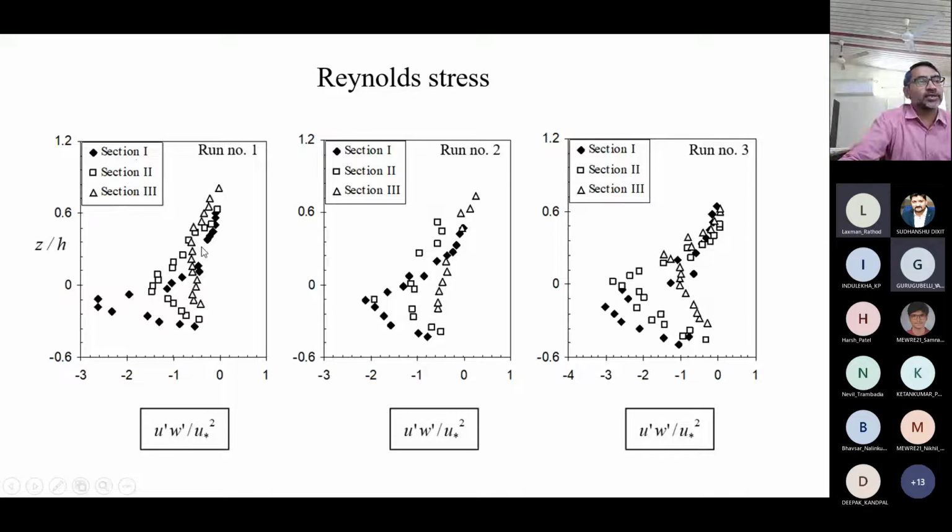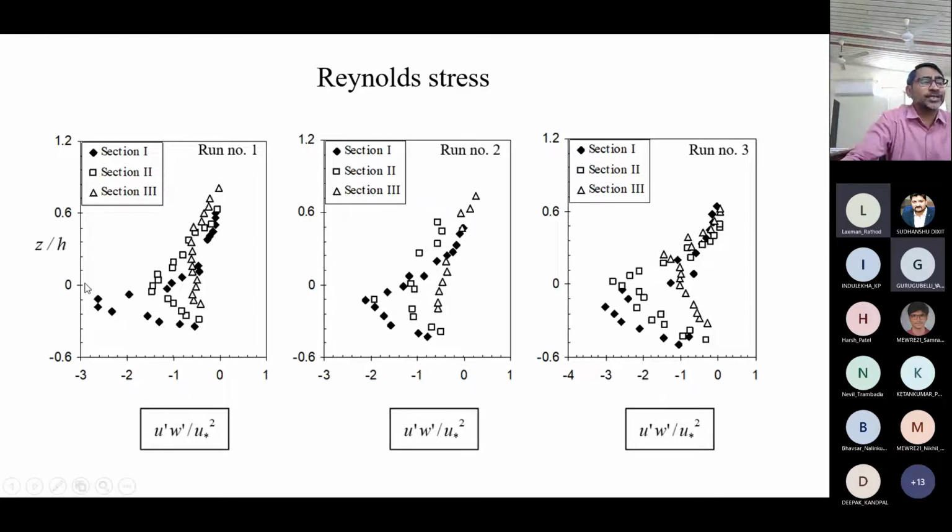It is minus u prime w prime that we have plotted. We did not take v prime w prime and u prime v prime, because although your software will give you all 3 values, out of the 3 only u prime w prime is the most dominant. So I have plotted that only.